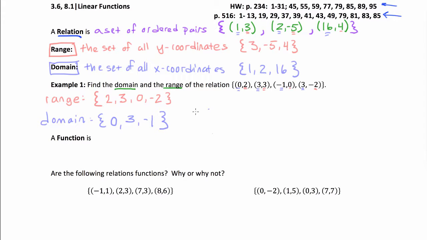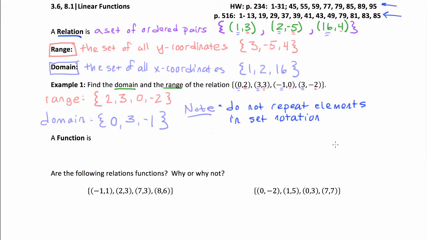And I'll put a little note here. The note is, do not repeat elements in set notation. So you might want to think about it as that idea that it's a list of everything that could show up and not just writing down every x coordinate.